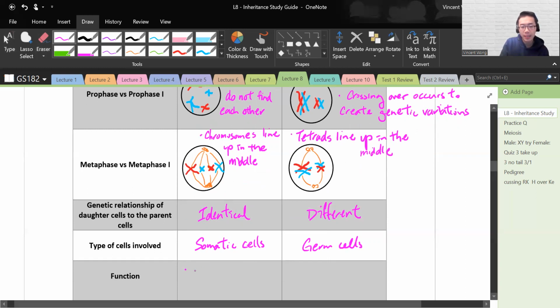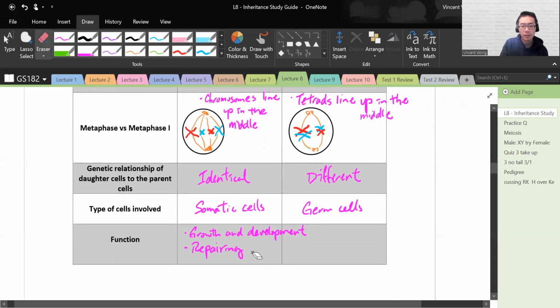Function: the purpose of mitosis is for growth and development and repairing, right? Repairing damaged cells, and asexual reproduction.